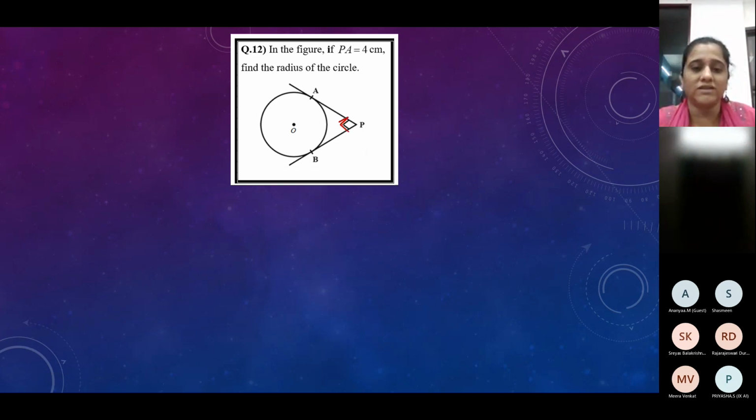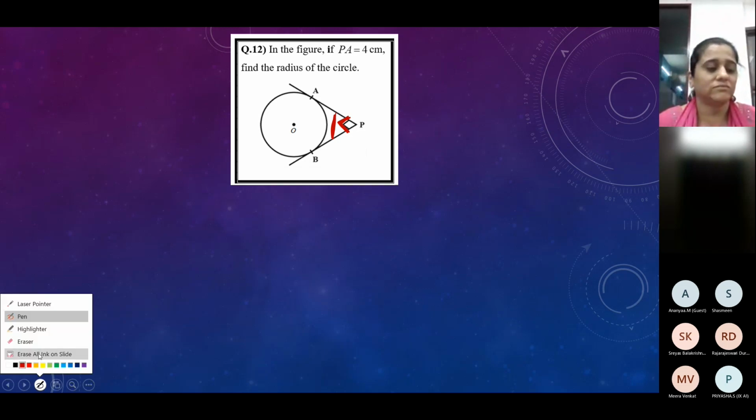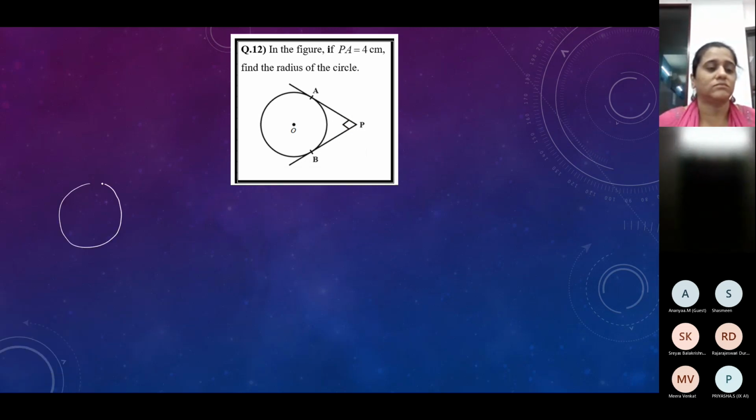This angle is 90, but it looks like an acute angle. It's 90. Find the radius of the circle.